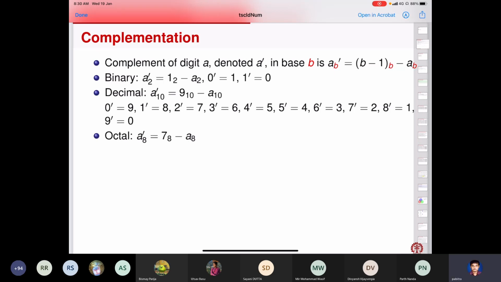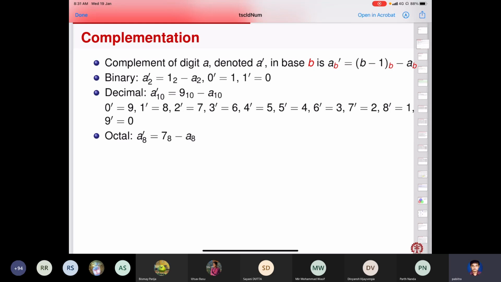So first, let us look at the simple case of complementing a single digit A. If A is a digit, A prime is its complement. In base B, it's very easy to get the complement. You subtract A from B minus 1, where B is your base.